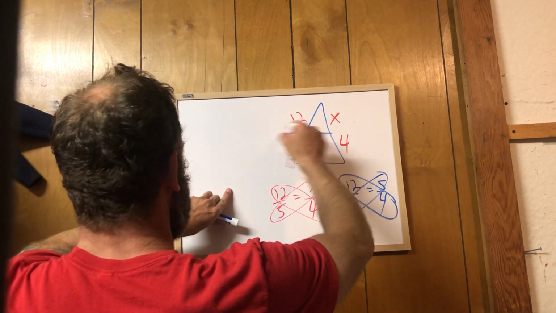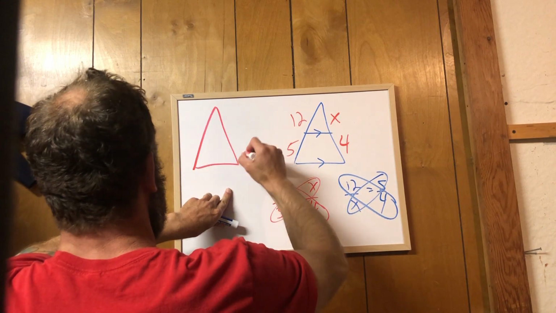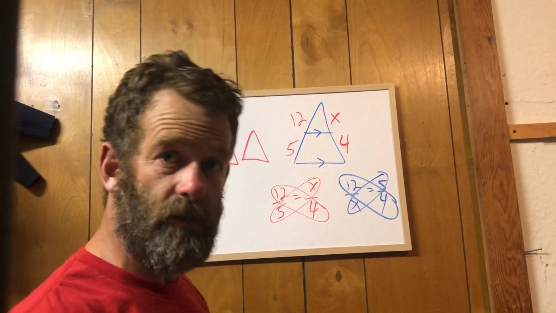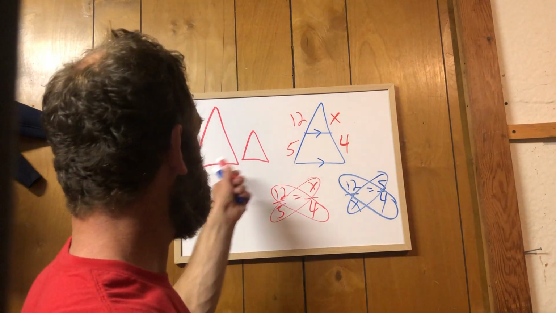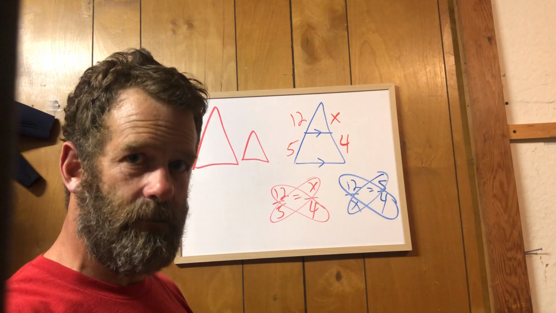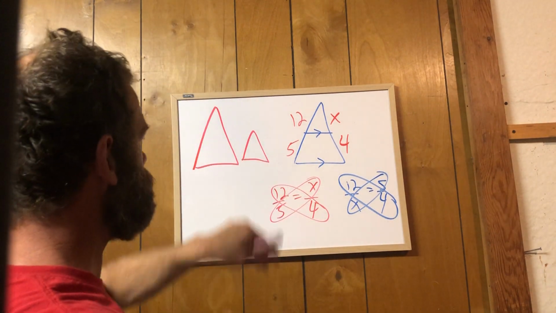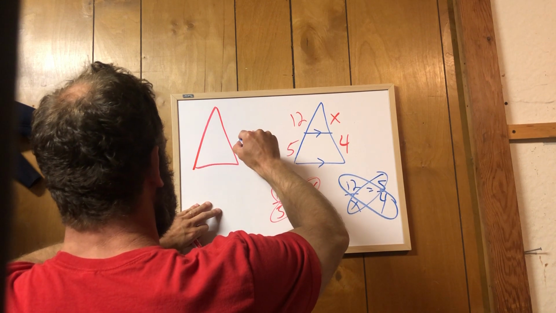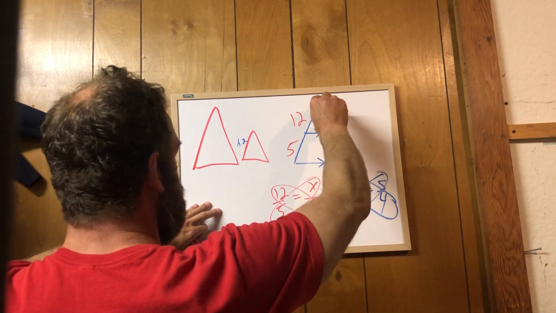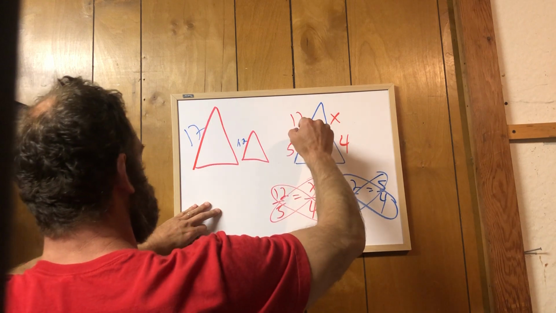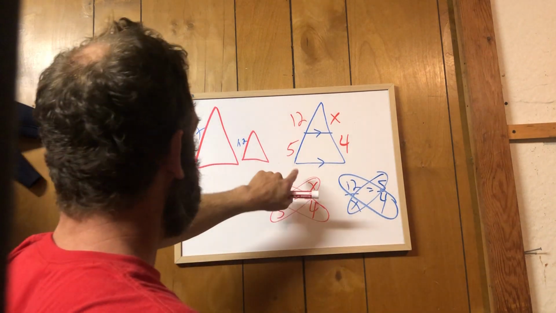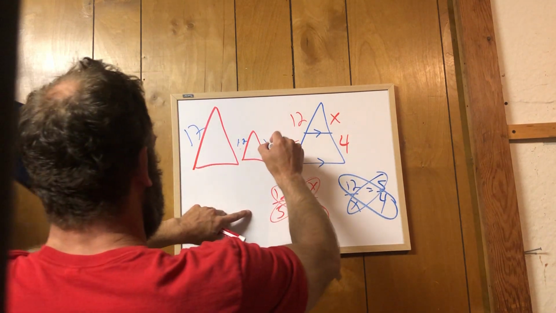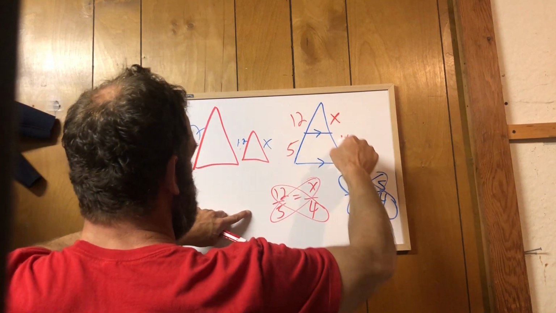If I were to redraw these two triangles, here's my big one, here's my small one. I'm going to show you just a couple different ways that you can still set it up to solve for x. This is a little more complex, but I'm just explaining a concept to you. Since these two triangles are similar, this side is 12 on the little one, but this big side right here is 17 because 12 plus 5 is 17. This side on the little one is x, and this side is x and that 4.